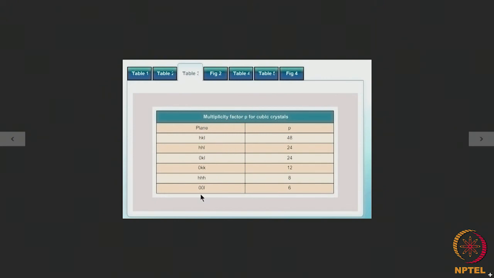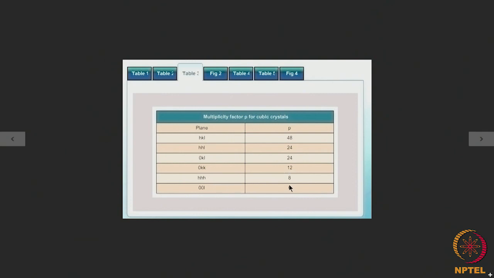So, on this side are shown the HKLs, and on this side the value of the multiplicity factor. If the plane is HKL, that means all three are different, then the multiplicity factor is 48. HHL multiplicity factor is 24. 0KL type of planes multiplicity factor is 24. 0KK type of planes multiplicity factor is 12.